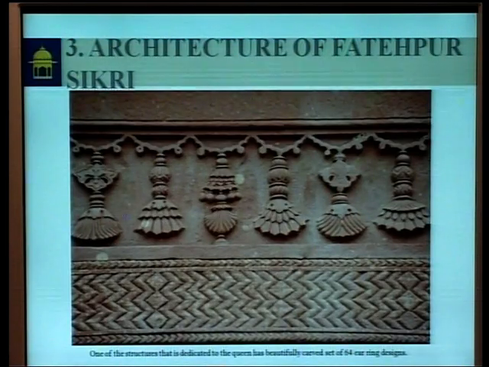And again, one of the structures that is dedicated to the queen has beautifully carved out 64 earring designs. How wonderful! Since this is from the wall of Jodhabai's house, look at the craftsman's ingenuity that they have 64 different types of earrings done on the stone wall.